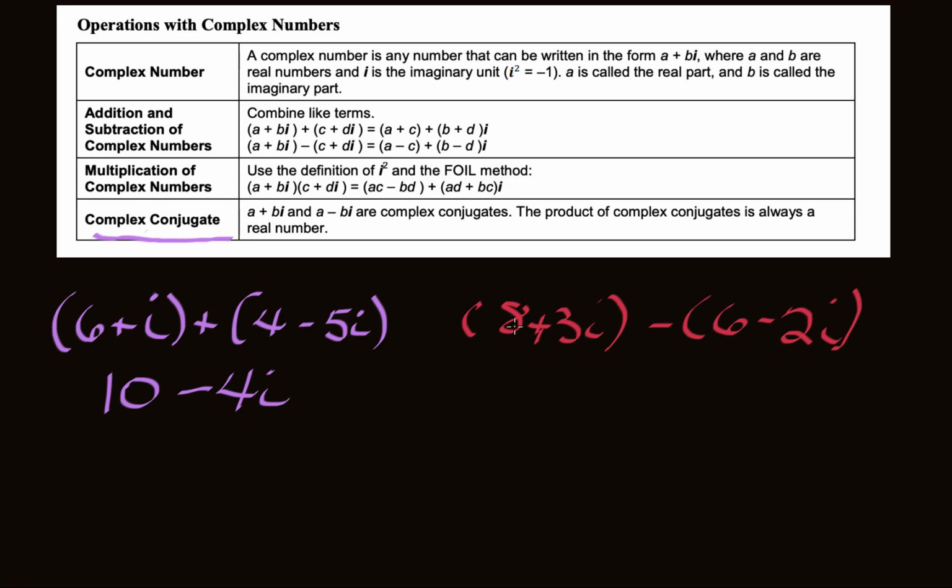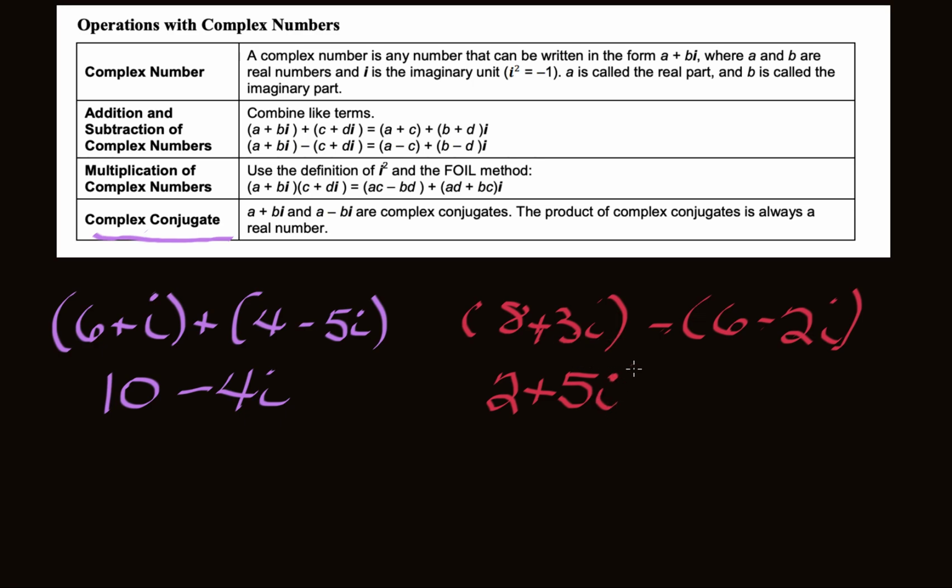So I usually just play the touch it game and say 8 minus 6. Well, 8 minus 6 is 2. And then I say 3i minus a negative 2i. Minus a negative is like plus a positive. So I would be adding 2i to it, and I come up with 5i.